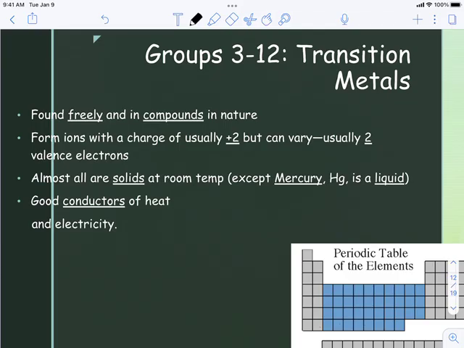Their charges, which we'll see later, don't really follow a rule necessarily like the other groups. But they are metals. Most are solid at room temp, except mercury. That's a liquid at room temperature. The only other element that is a liquid at room temperature is bromine. So mercury and bromine.